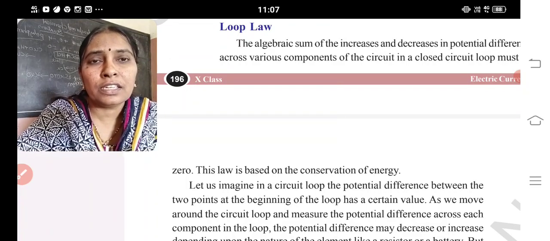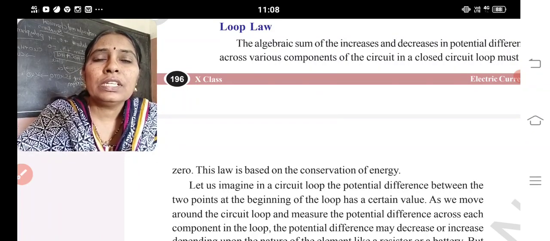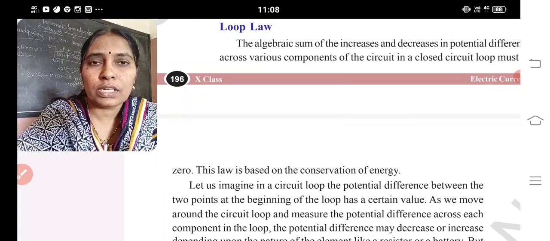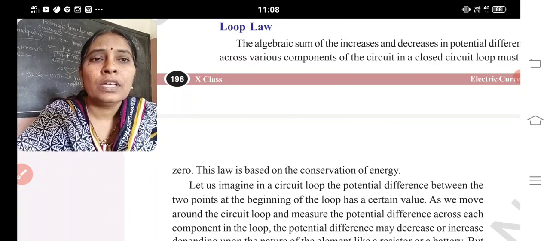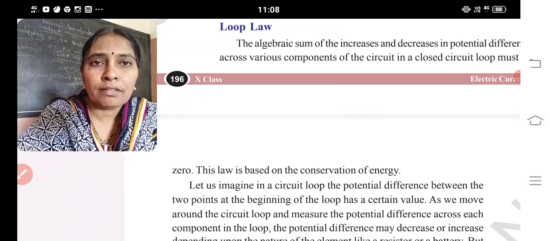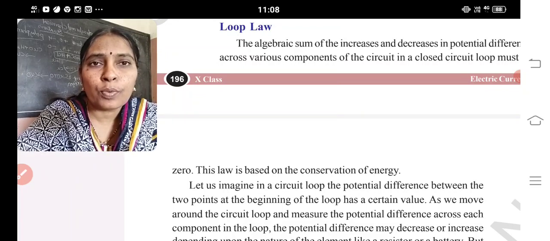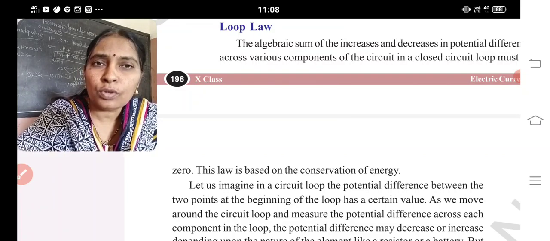So it is said to be a law of conservation of mass. Mass is neither created nor destroyed, but changes from one form to the other form. Clear, children? That is the loop law. What is the loop law? The algebraic sum of increase and decrease in the potential difference across the various components in the circuit in a closed loop must be equal to 0.